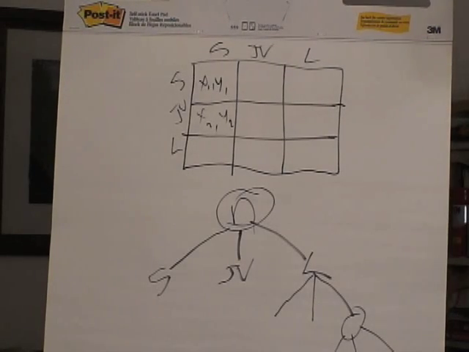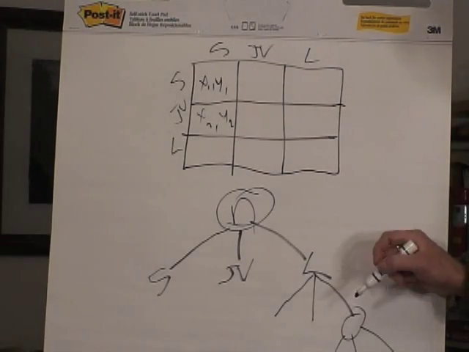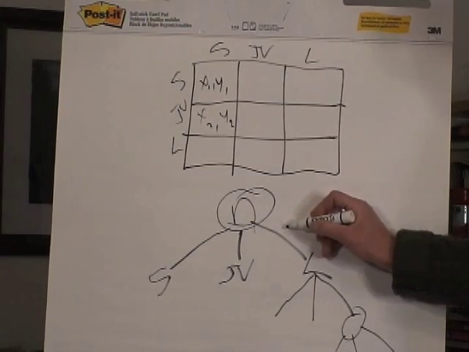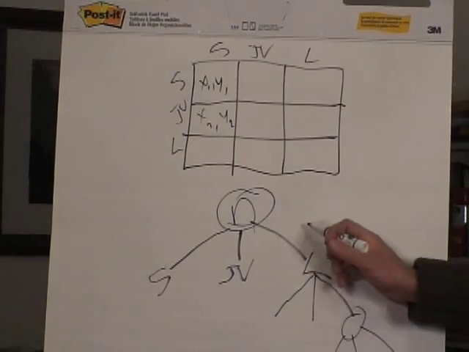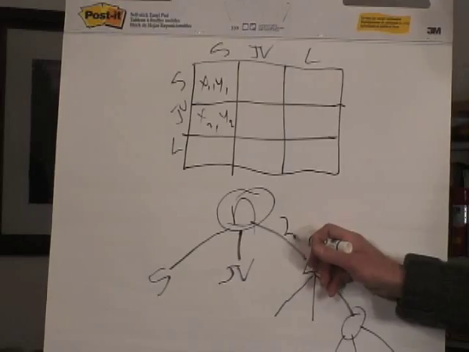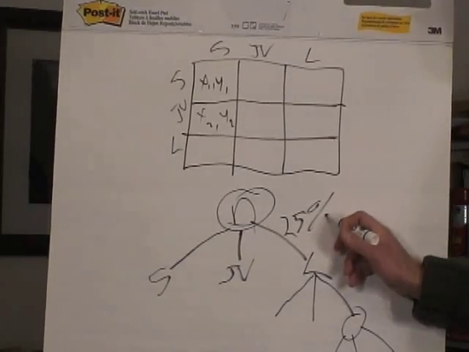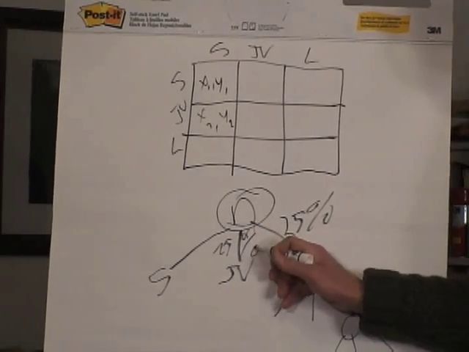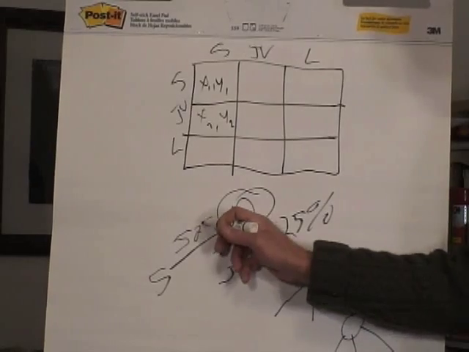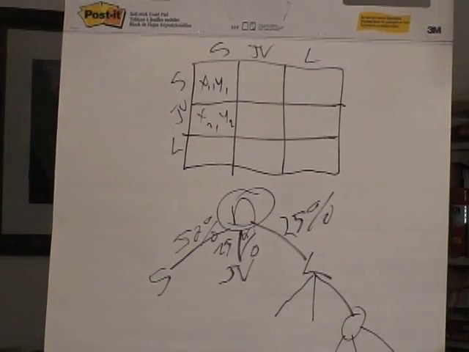The numbers don't have to be 3, I just happen to use that here. Notice that there's a certain probability, a certain likelihood of this happening. This has a 25% probability of happening. This has a 25% probability of happening. This has a 50% probability of happening.